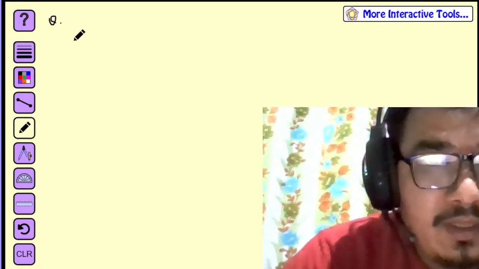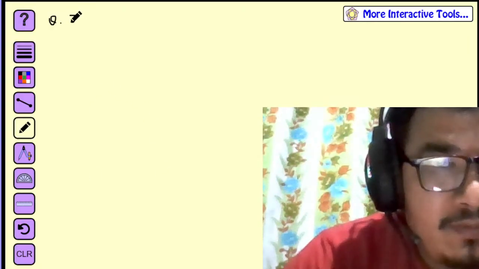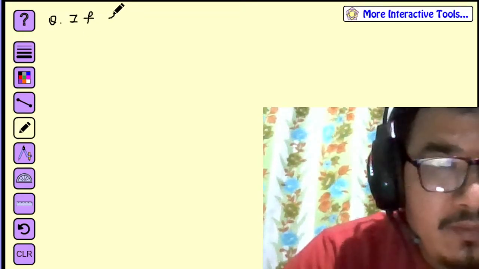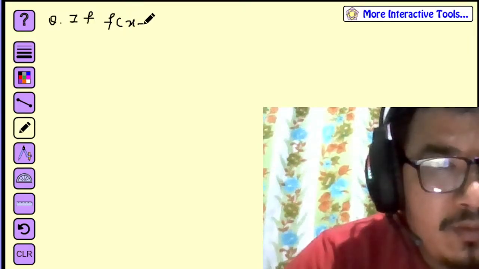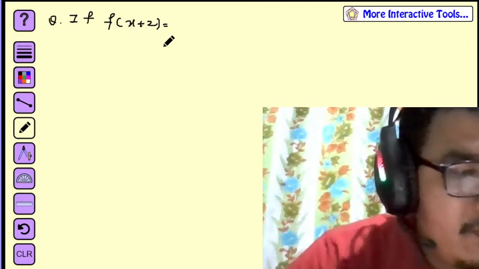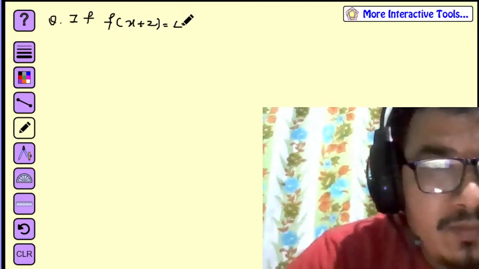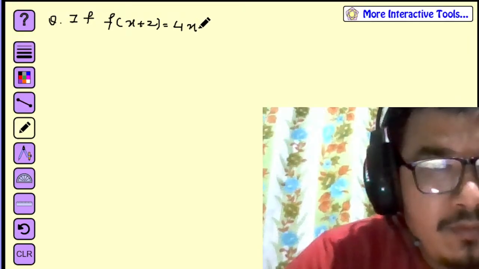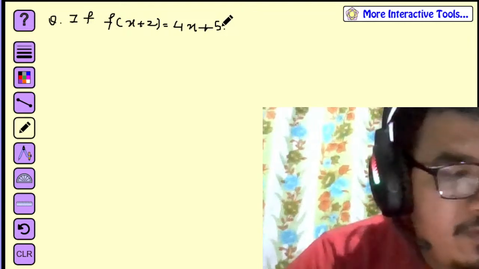A function is given, like this: if f(x plus 2) is one function, its value is given as 4x plus 5.